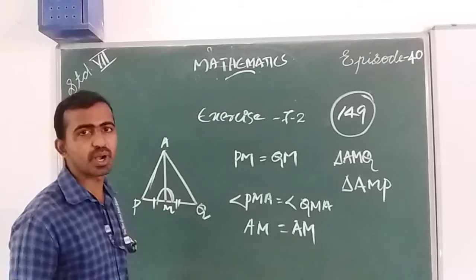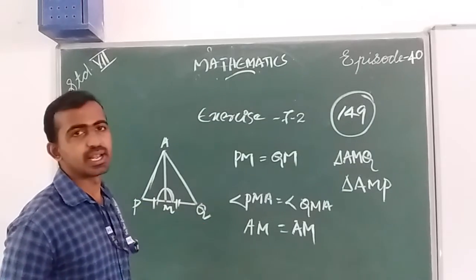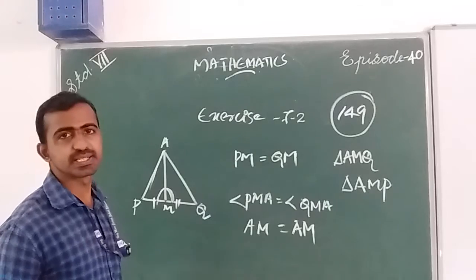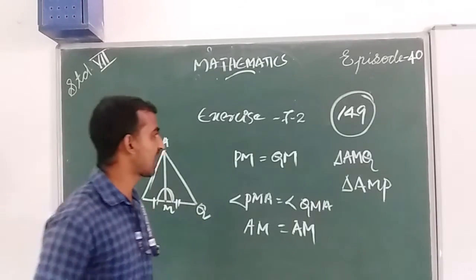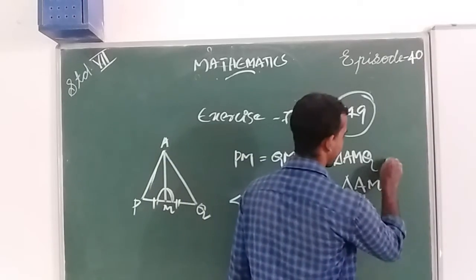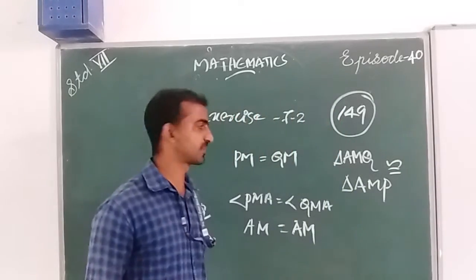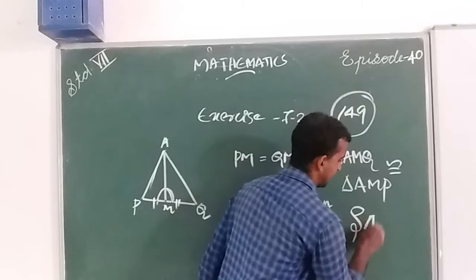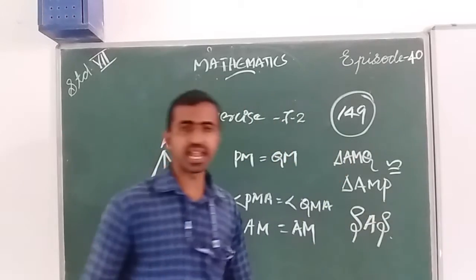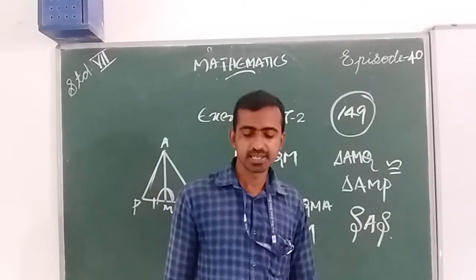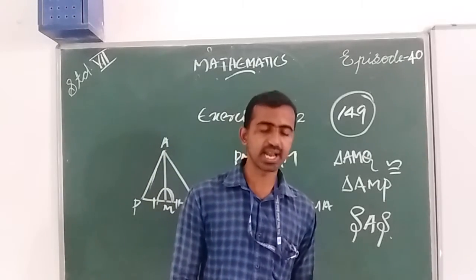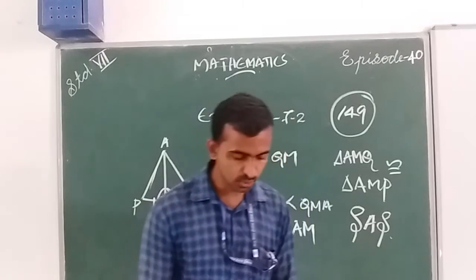Two sides and the included angle are equal. So these triangles are congruent by SAS, side included angle side. That is the solution.